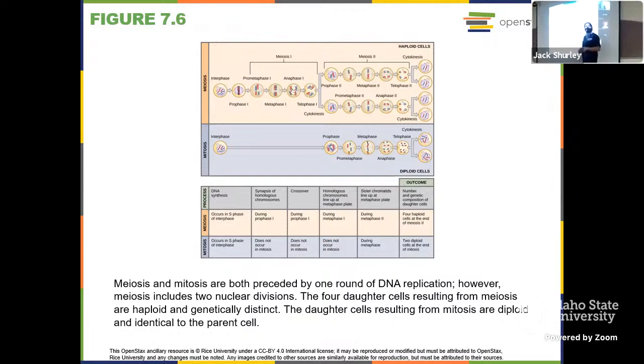The first bit of meiosis, the homologous pairs, chromosome number 1 from your father and chromosome number 1 from your mother, both get replicated in the synthesis phase, creating sister chromatids, and those pair up during metaphase 1. And so now you get these homologous pairs. As we bring them together, these homologs have the potential to cross over.